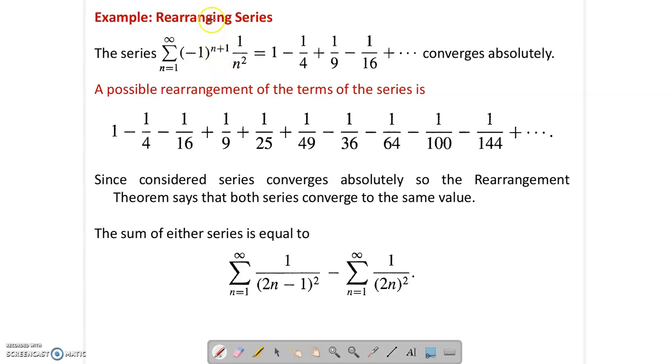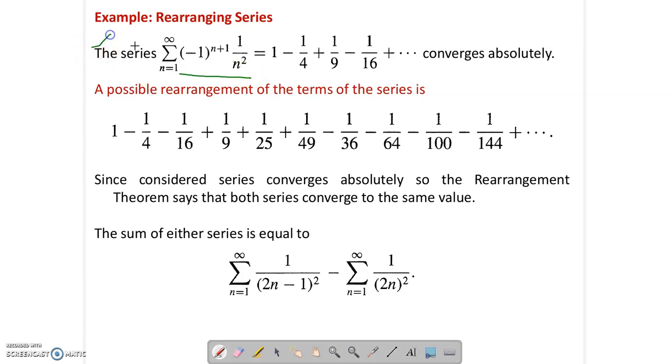We are given the series summation n going from 1 to infinity, minus 1 raised to the power n plus 1, 1 upon n square. You know that this series converges by the Leibniz test, and it converges absolutely by the P-series test.